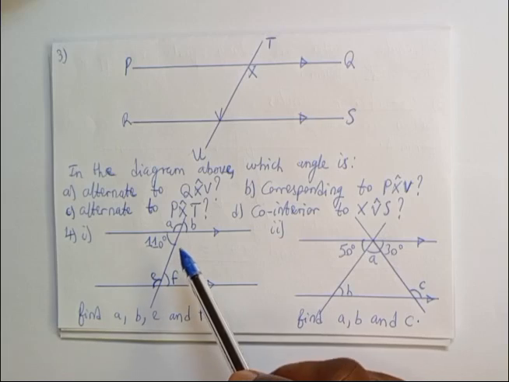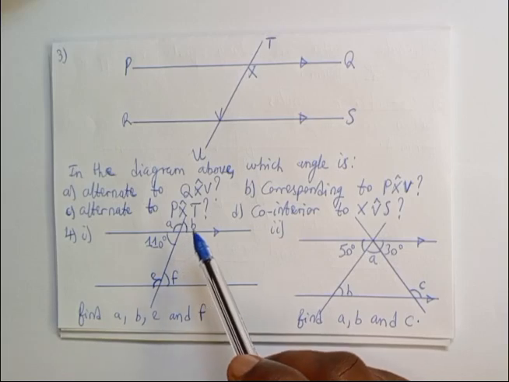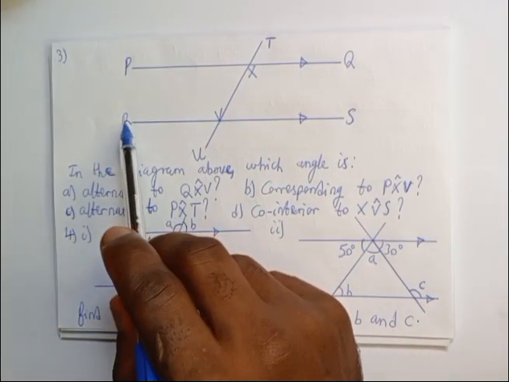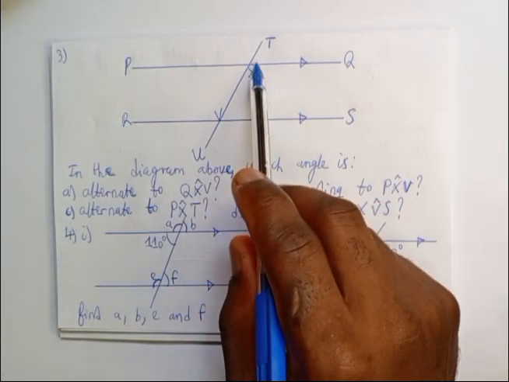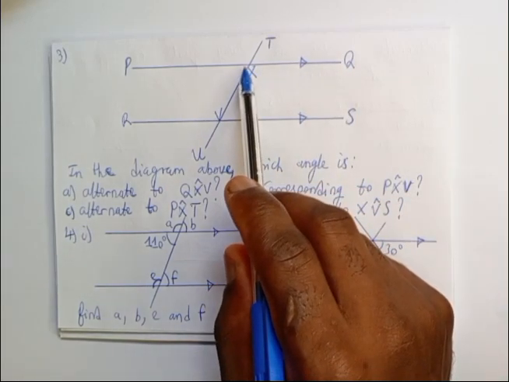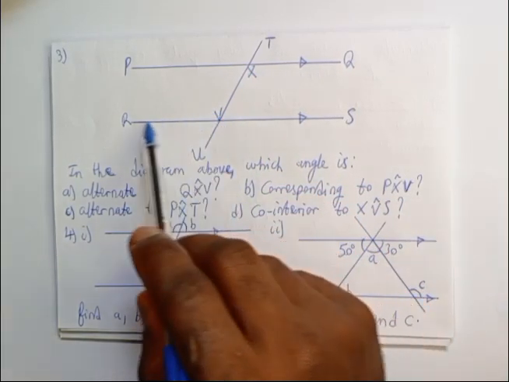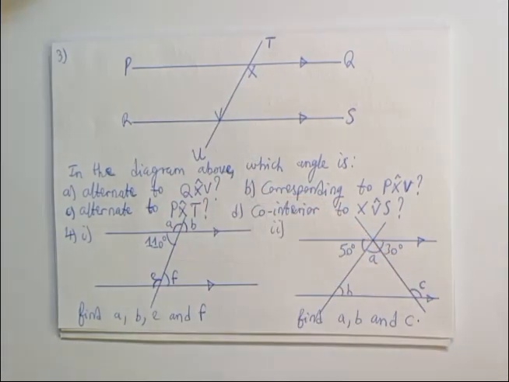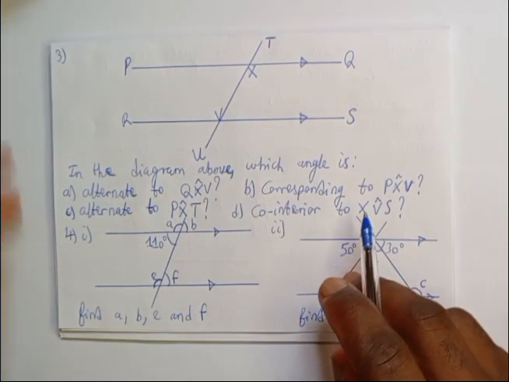Remember, alternate angles appear in the form of the letter Z. So the angle which is alternate to angle QXV is the angle XVR. These two angles here are alternate.